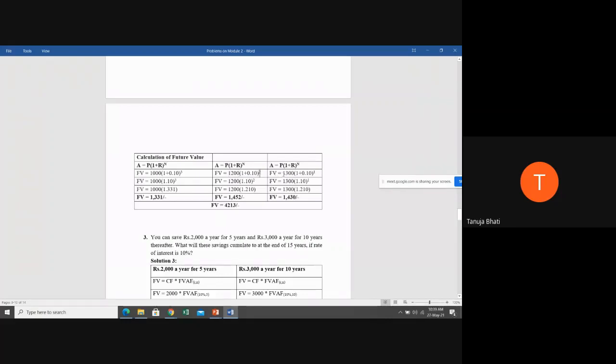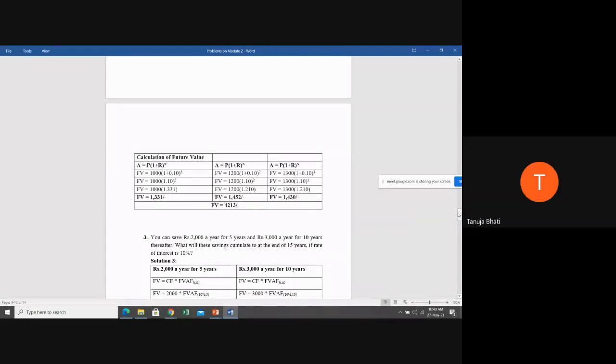And in the last year, 1,300 is deposited for a period of 1 year. So individually, you are going to solve this, students, and you're going to add up all the future values. If you add up all the future values, you will get the total future value at the end of 3 years. So total is 4,213. Is this clear, students?